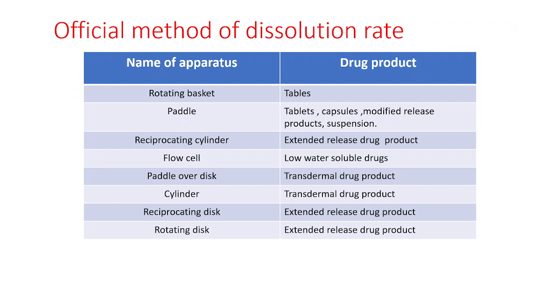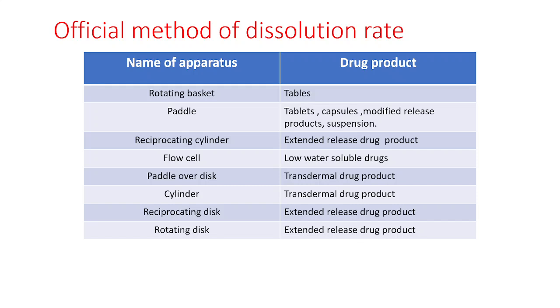The name of the apparatus is given on one side and the drug product on the other. The rotating basket is used for tablets. In the paddle method we use tablets, capsules, modified release products and suspensions. In reciprocating cylinders we have extended release drug products, and flow-through cells are used for low water soluble drugs.